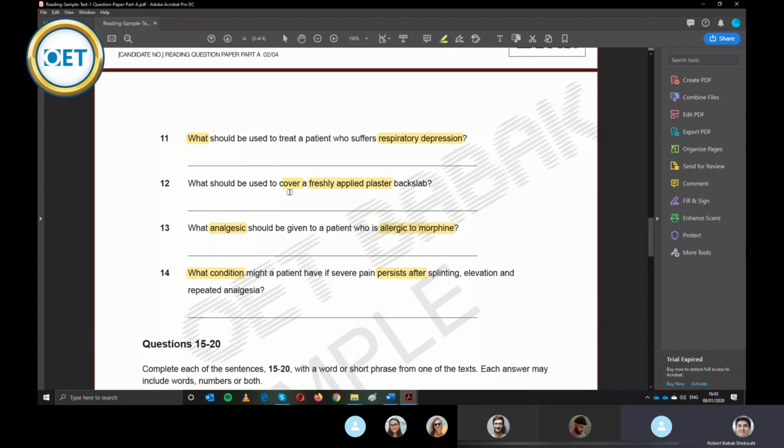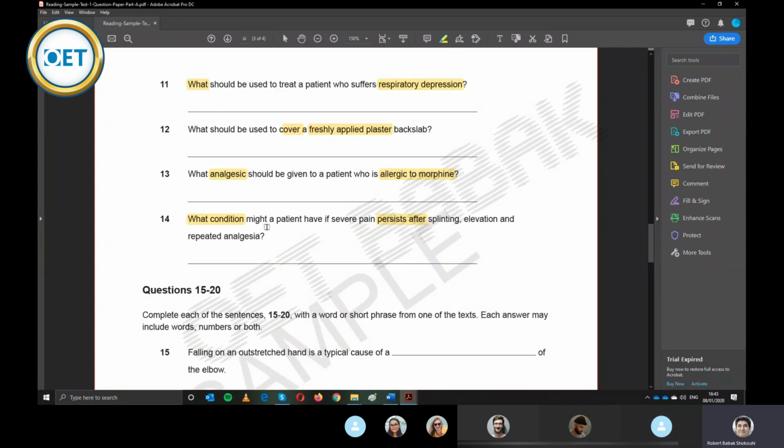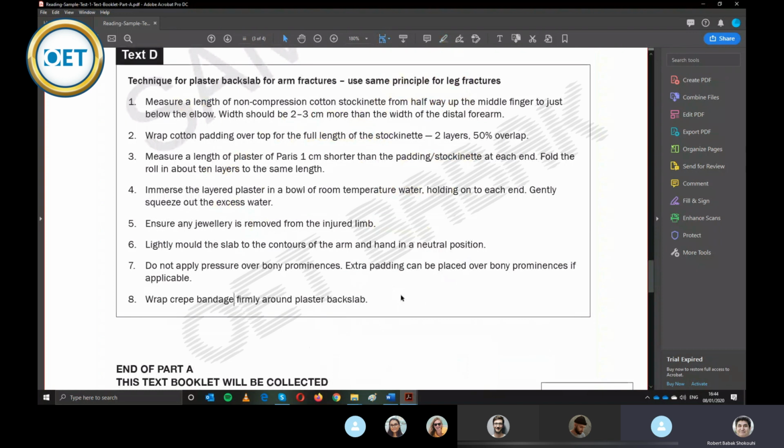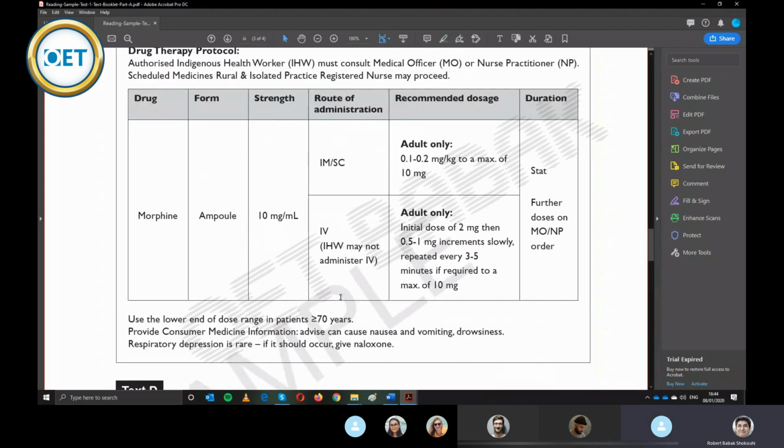What condition might a patient have if... Oh no, sorry. What analgesic should be given to people allergic to morphine? Where should I go? C maybe.